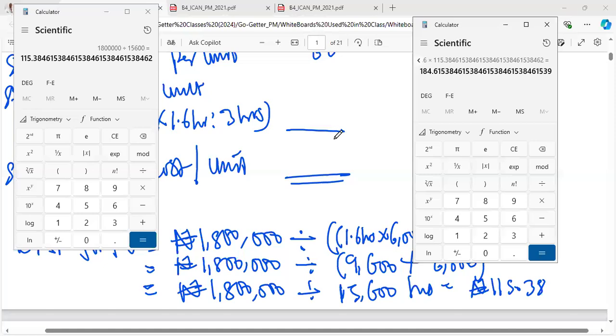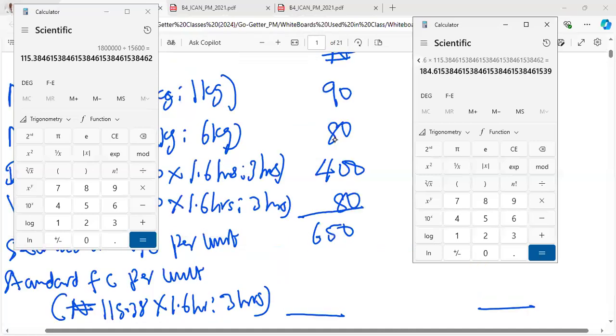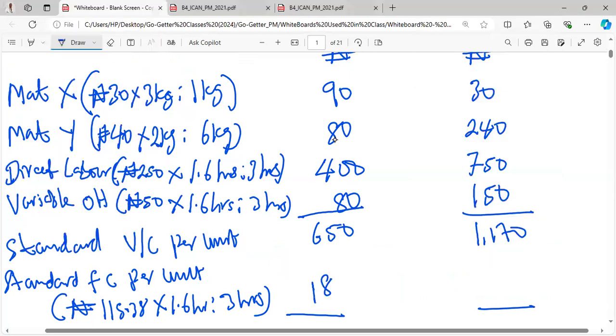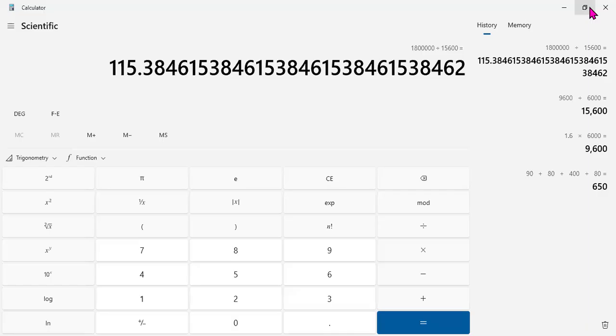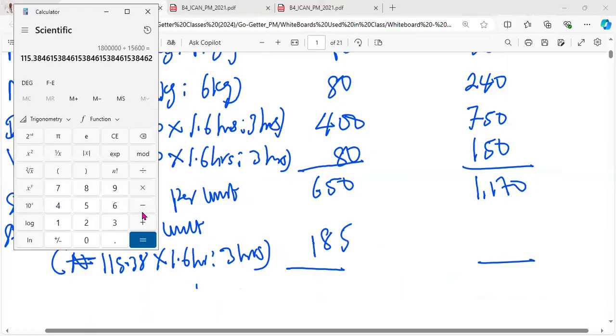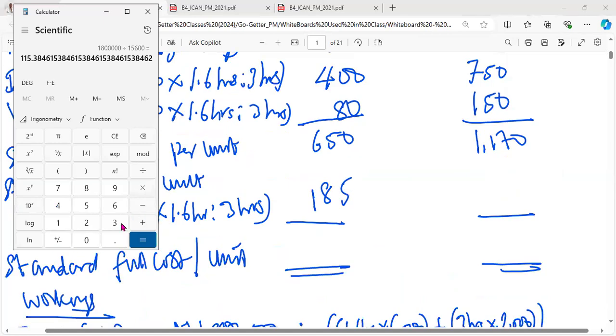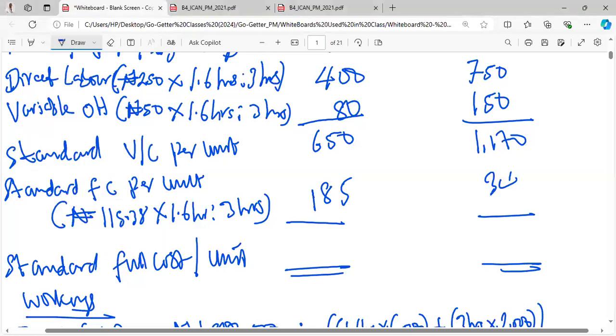That's 185 here. Then I will come here. This is this same cost multiplied by 3. That should give me 346.